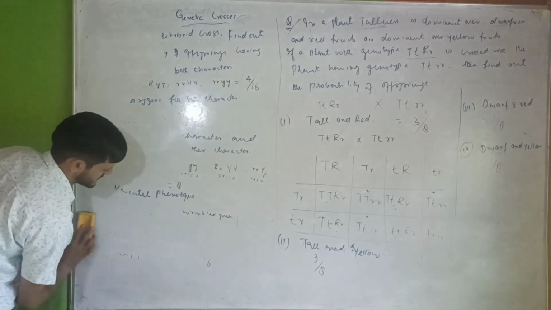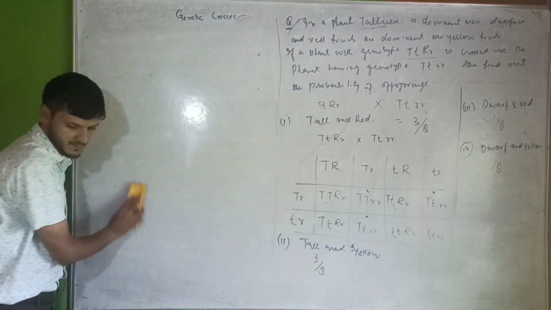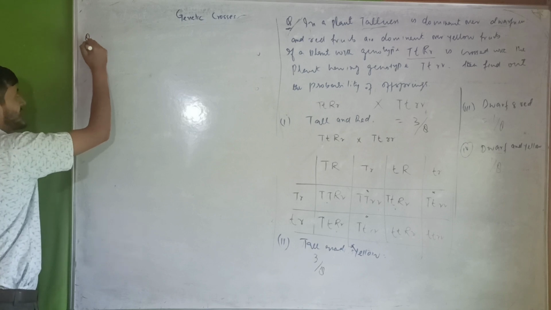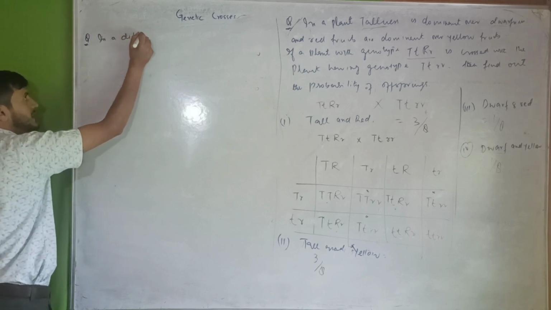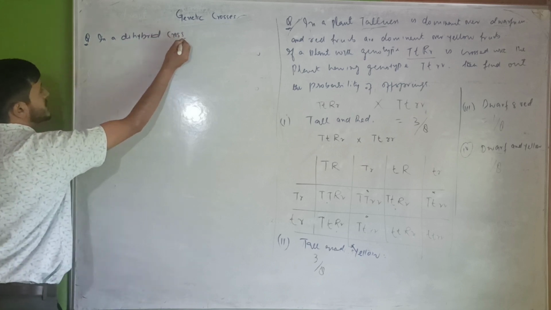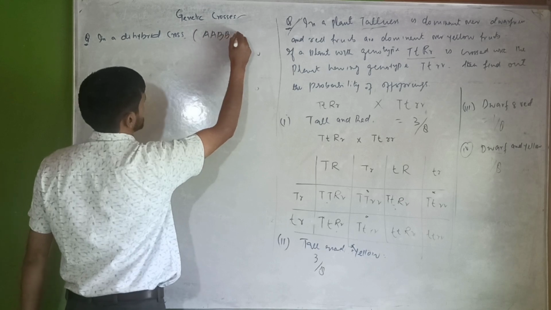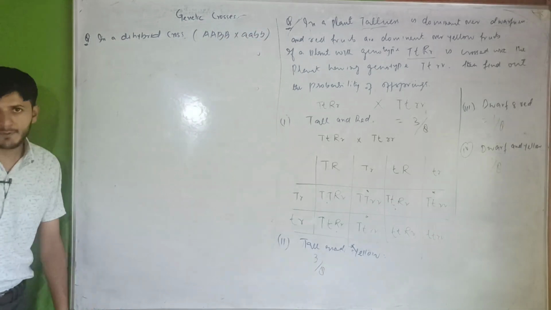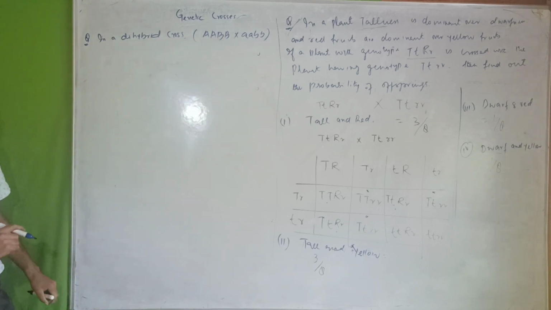Write down one more question. The question is like this: in a dihybrid cross, we are crossing capital A capital A capital B capital B with small a small a small b small b.